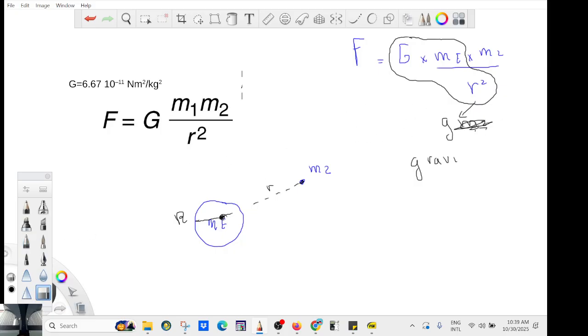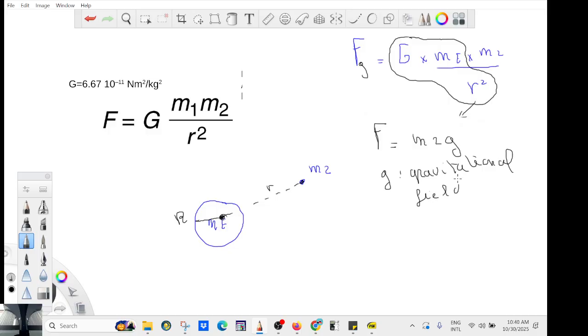Let's go back. So you can write down that F, the gravitational force, equals m2 g. So this is g. And g, this is called the gravitational field. Magnitude. So the magnitude of the gravitational field. Okay.